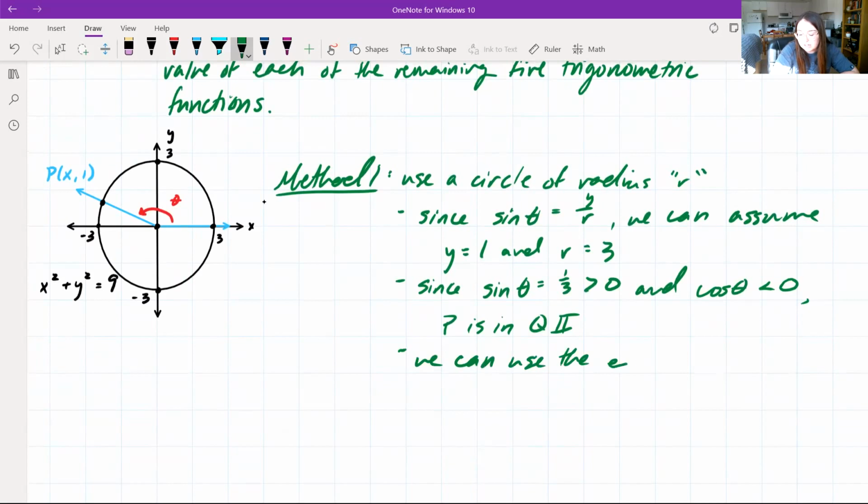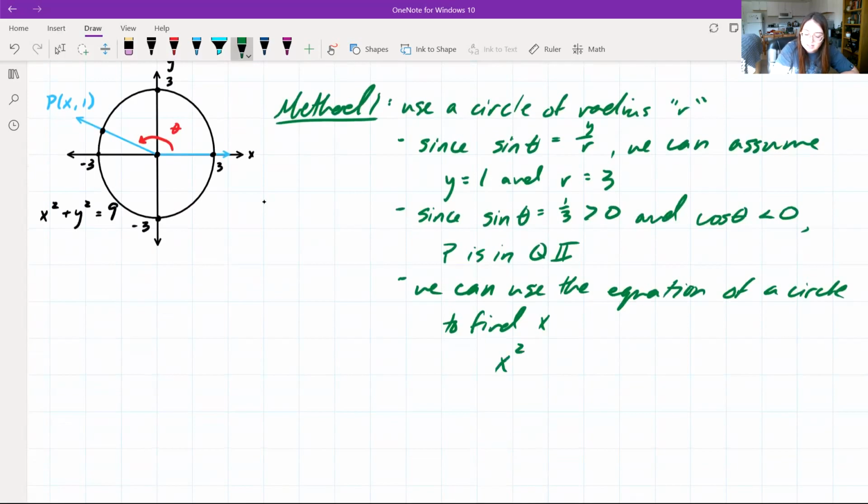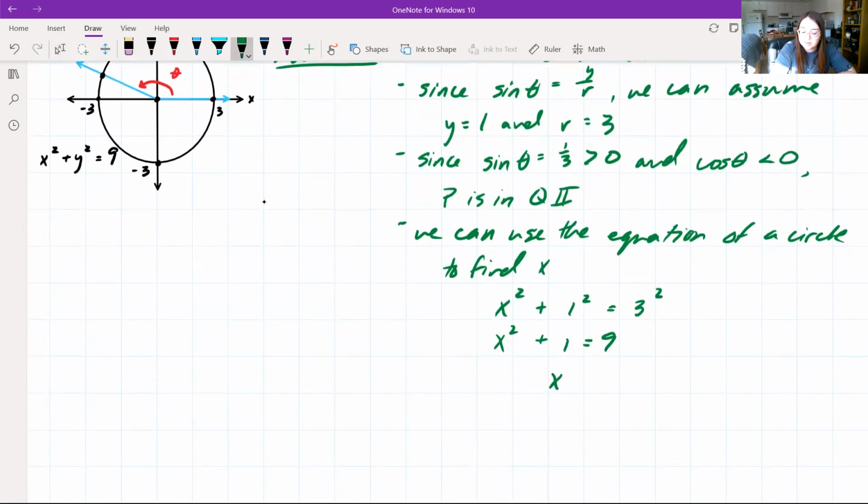So x squared plus y squared is equal to the radius squared. So x squared plus 1 squared is equal to 3 squared. So x squared plus 1 is equal to 9. Subtract 1 from both sides and we get x squared is equal to 8.